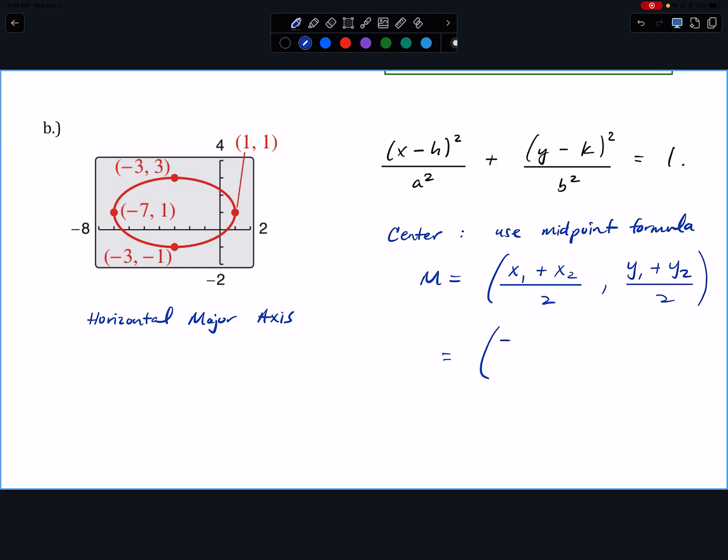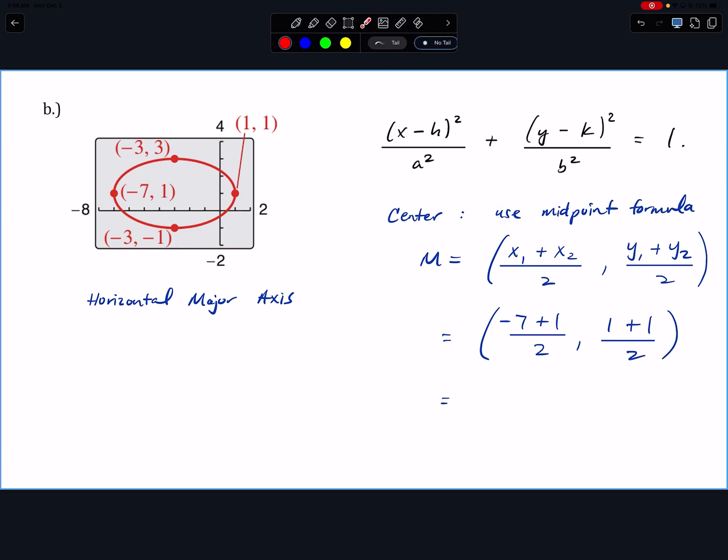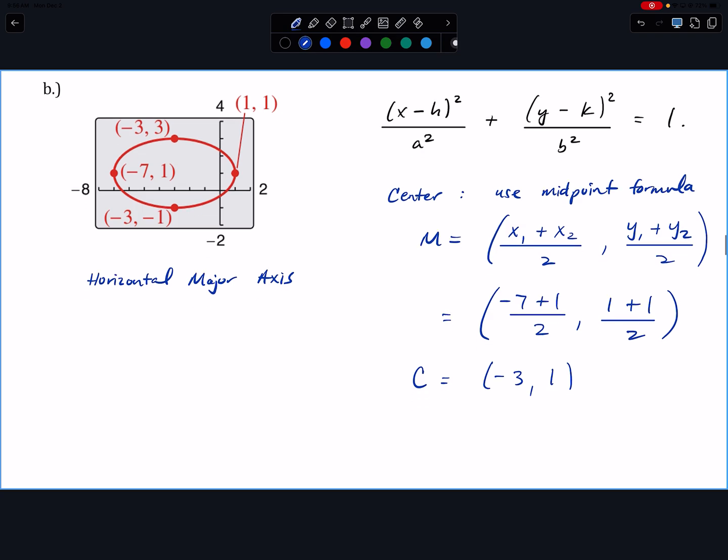So it's going to be negative 7 plus 1 divided by 2, comma 1 plus 1 divided by 2. Negative 7 plus 1 is negative 6. Negative 6 divided by 2 is negative 3. Comma 1 plus 1 is 2. Divided by 2 is 1. So your center is negative 3 comma 1. So remember, that means that this is H and this is K.